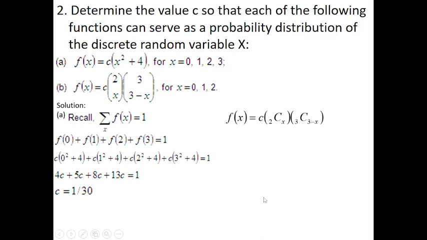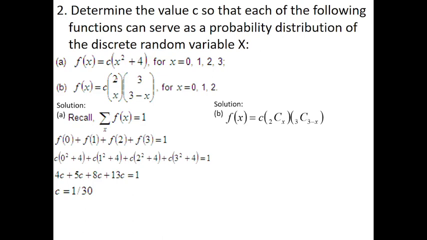So we can now proceed with letter B. For letter B, here's the problem. As you notice, this is another way to represent combination. We have this notation, no need to put an over, there is no over.